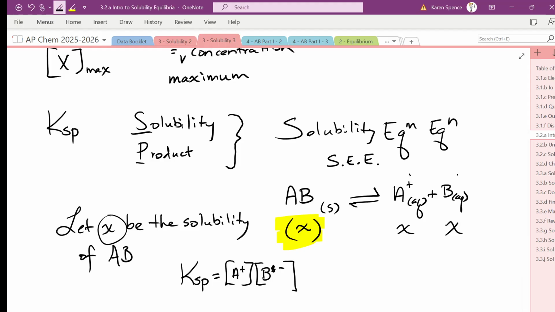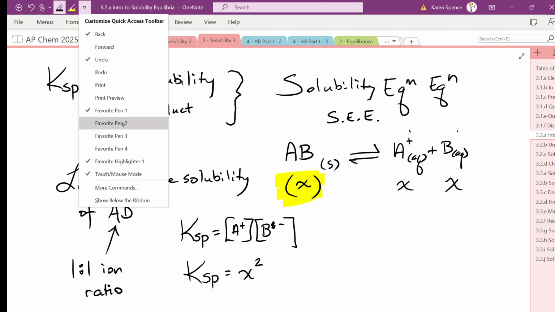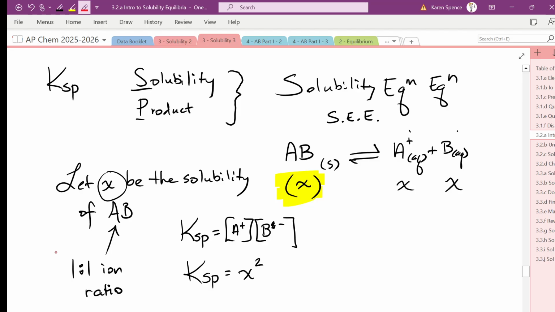So you can often just draw it like this. So anytime you have a 1-to-1 ion ratio, KSP is equal to X squared.